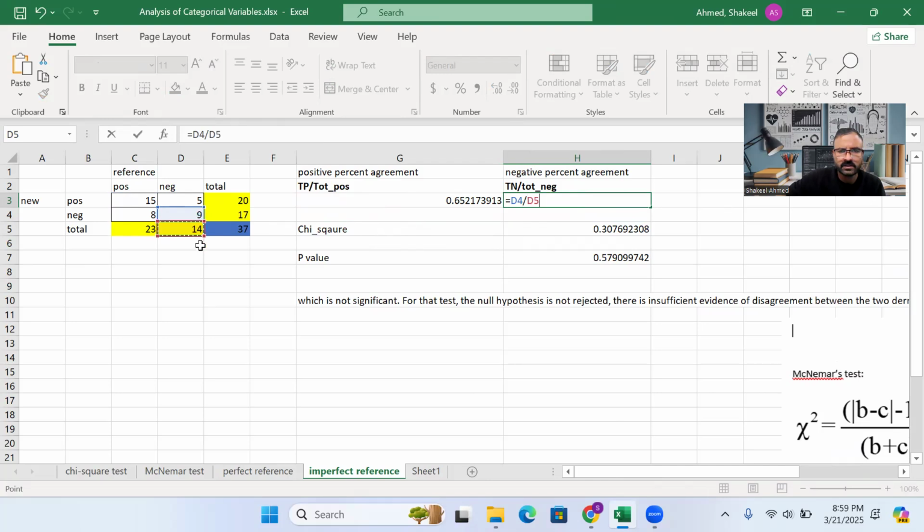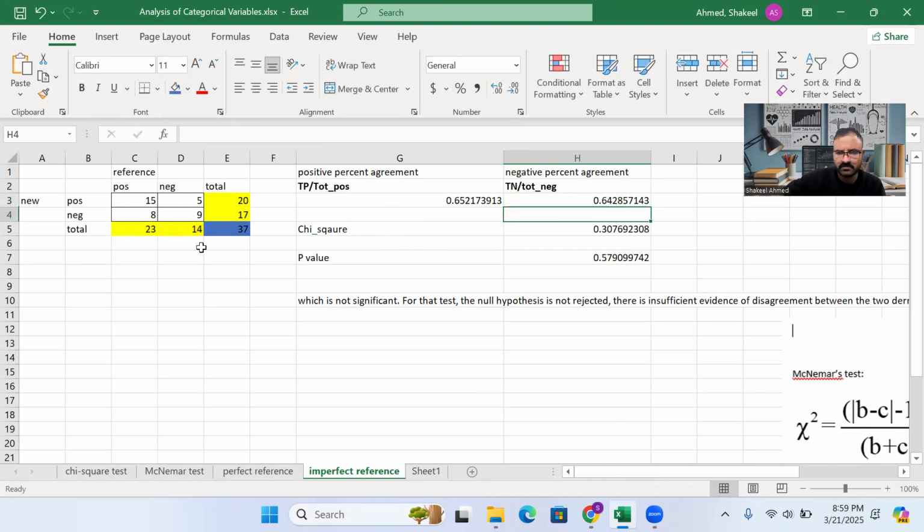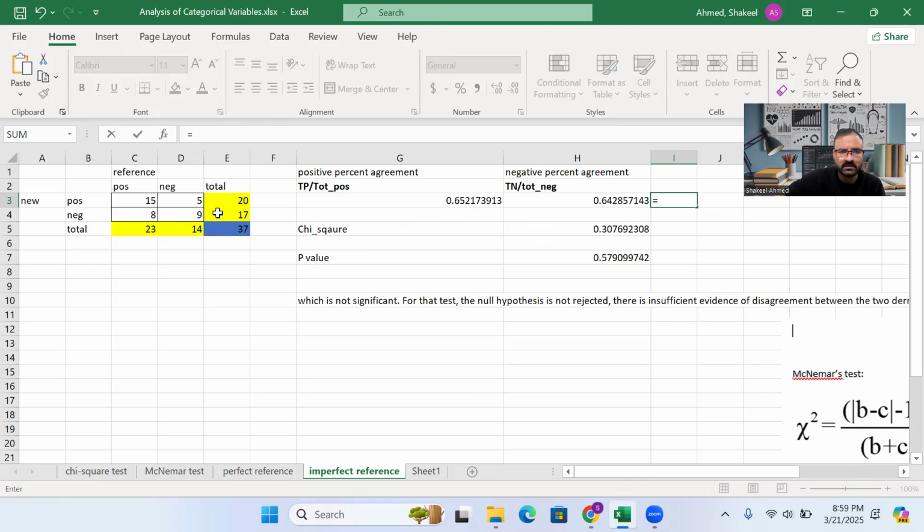How many negative values are agreeing for both tests? So 9 values are negative for both tests out of a total of 14, and 15 values were positive for both tests among 23 values. And you can find the total proportion of agreement by adding these two, which is like the accuracy of the test.